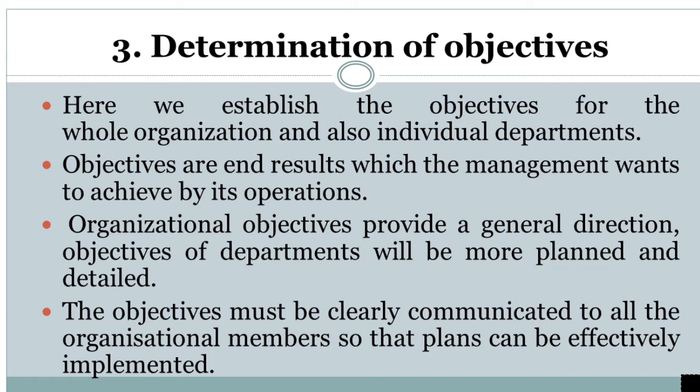The organizational objectives provide a general direction, and the objectives of departments will be more planned and detailed. The objectives must be clearly communicated to all the organizational members, because if the planners do not communicate these plans to their subordinates, then the plan will not be accomplished. So there will be faulty planning in the organization. So communication is very important in the planning process.